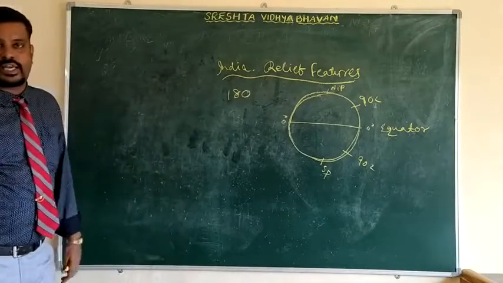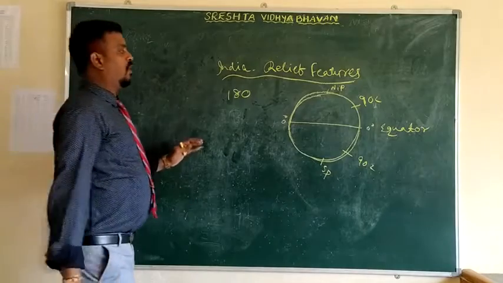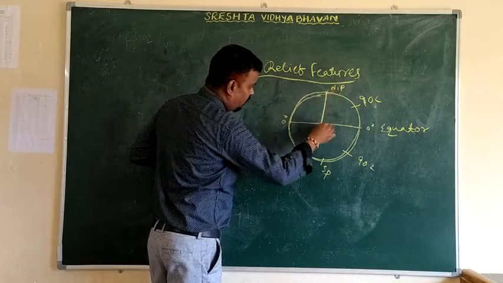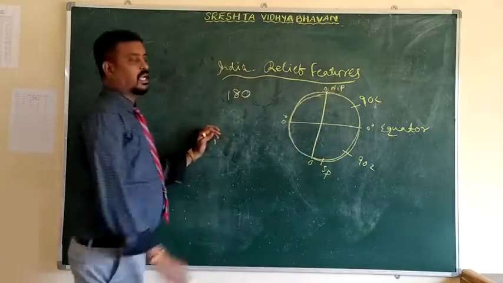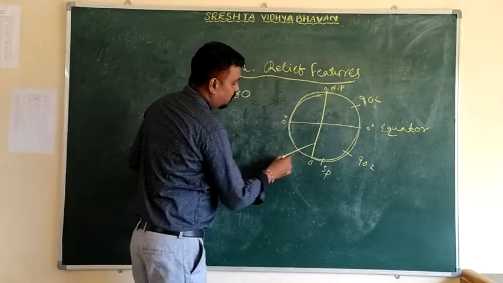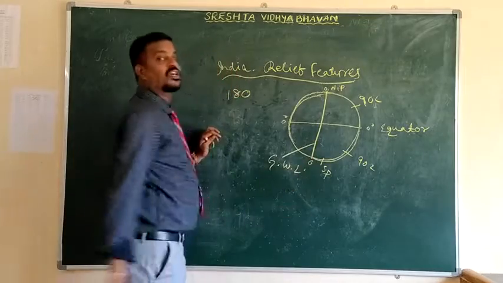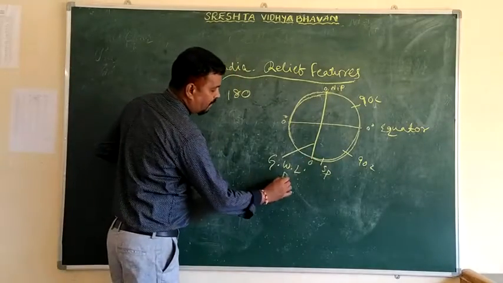How many latitudes are there? 180 latitudes are there. When you come to longitudes, the middle line of the globe is called 0 degree longitude or Greenwich longitude, otherwise known as prime meridian.